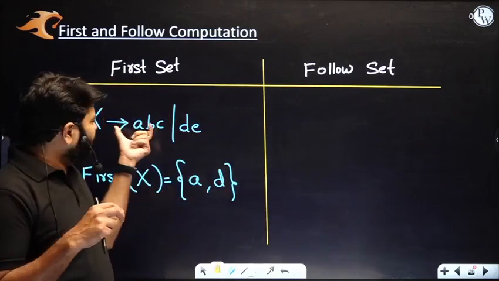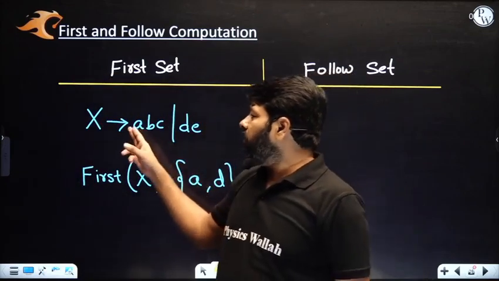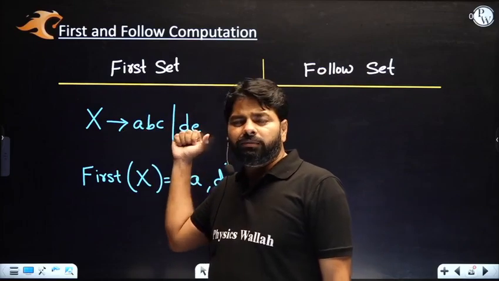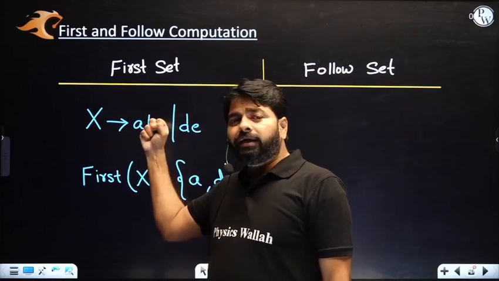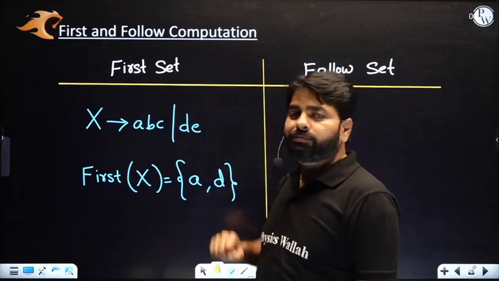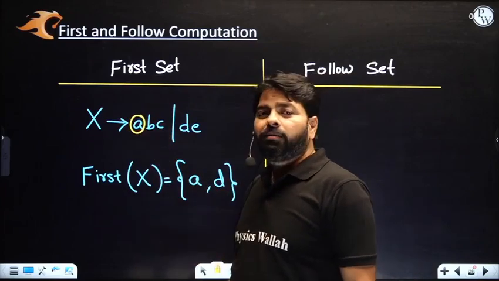I am writing strings directly, but in general in the grammar you may see a lot of non-terminals. Then you need to look at which is the first terminal from each production, and that is going to be A here. Here you can see it directly, but not all the time.